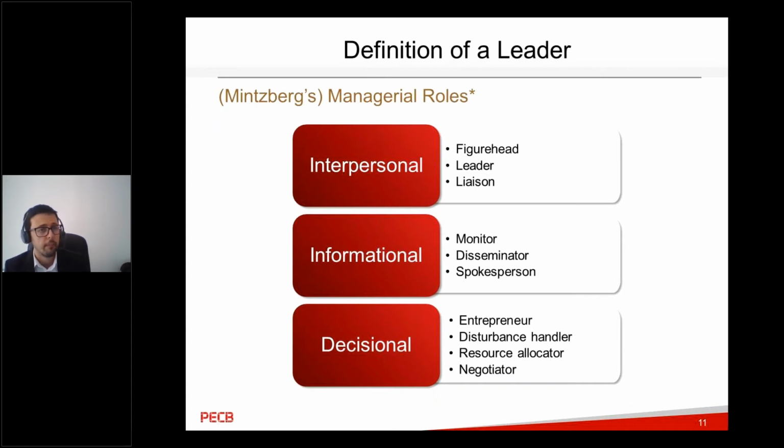From this aspect, a manager should possess all of these skills, though they cannot use all of them at the same time, but they will use them as the opportunity or the situation faces them. So again, when we talked about the figurehead role of the manager, according to Mintzberg, we tend to think of a person that is representing the company.